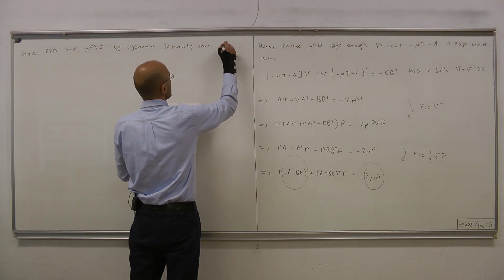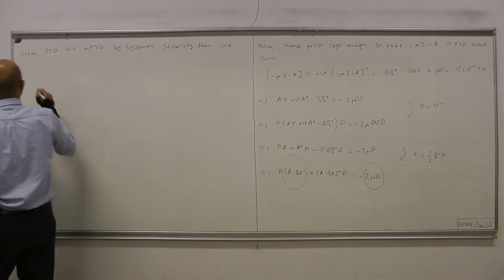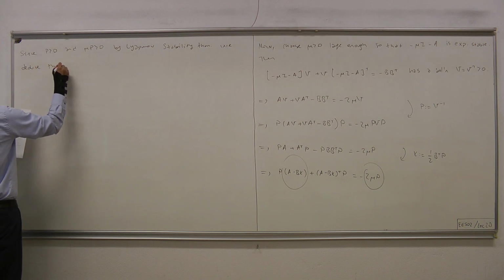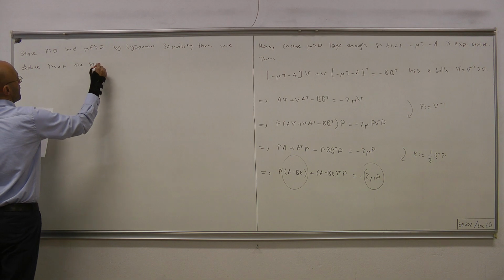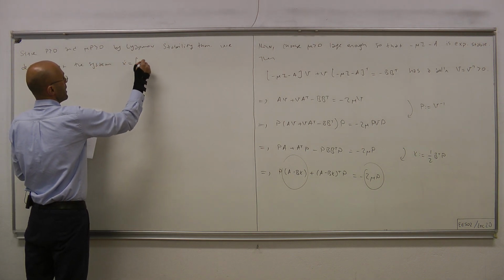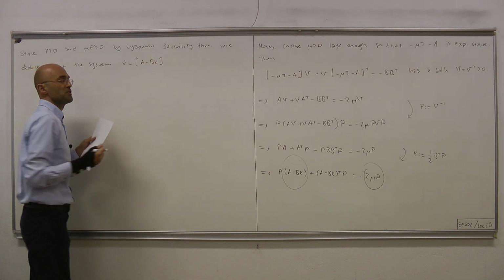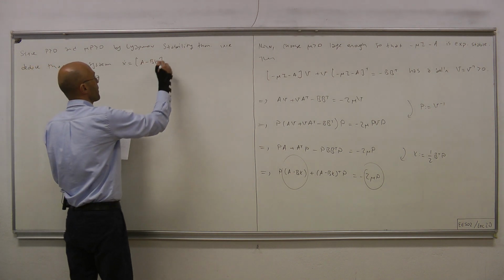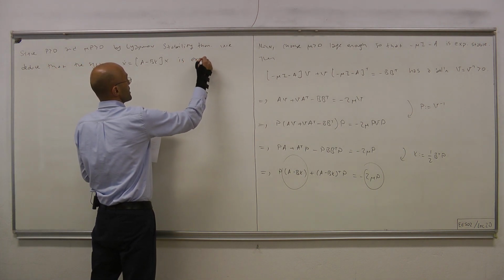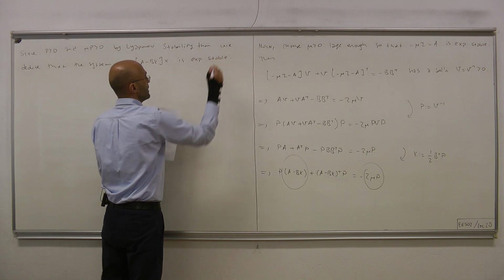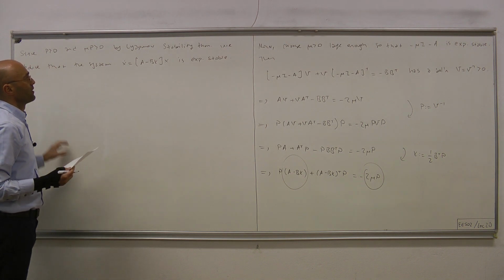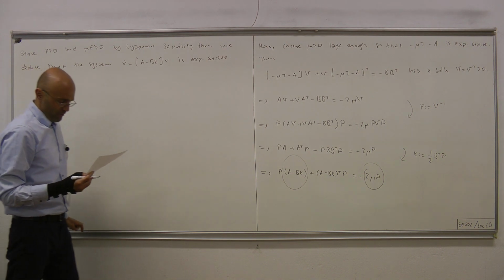we deduce that the system x dot equals A tilde, which is our A minus BK matrix, times x, is exponentially stable in the sense of Lyapunov. That is, all the solutions converge to the origin in an exponential fashion.